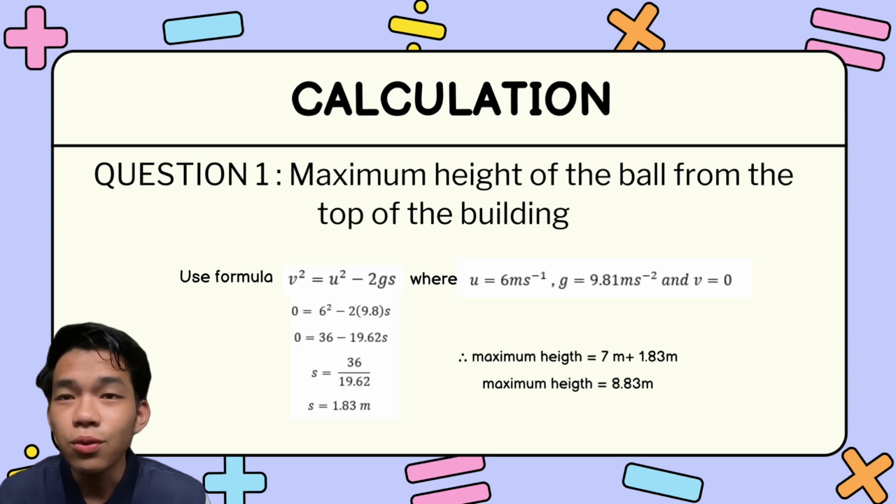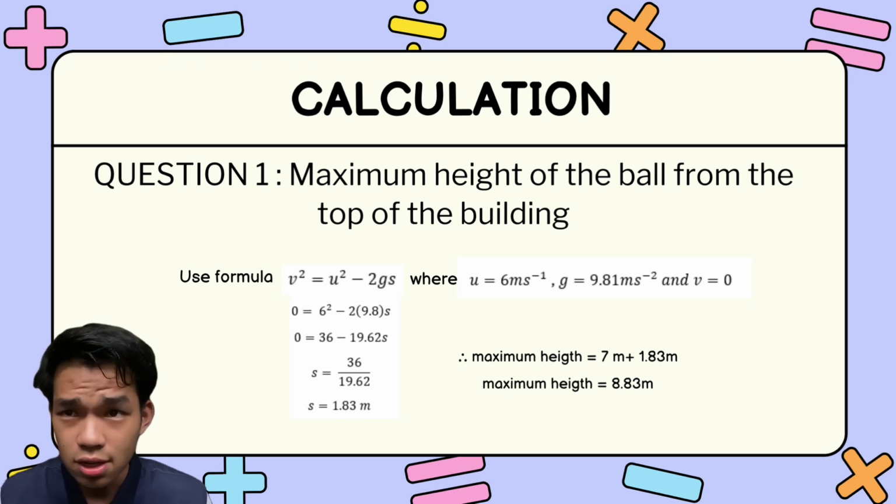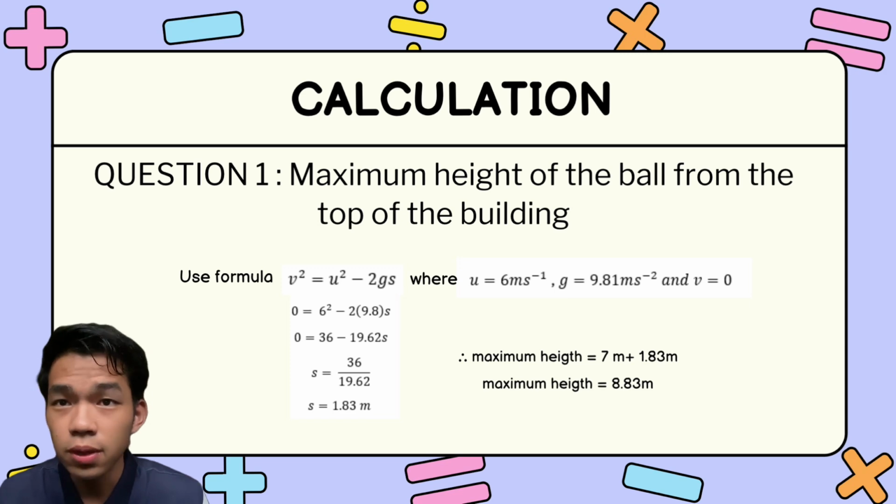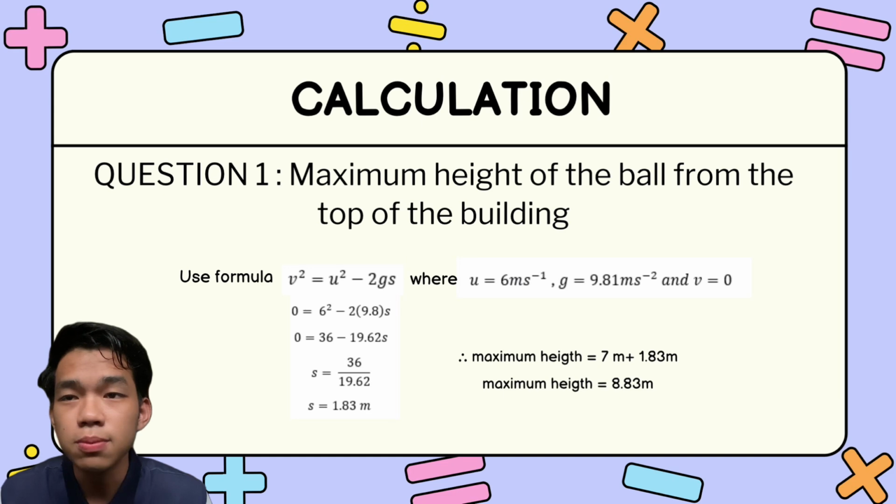After that, we substitute U = 6 meters per second, G = 9.81 meters per second squared, and V = 0 into the equation. Then we get S = 1.83 meters. To find the maximum height of the ball, we add the height of the building with the displacement, which is 7 meters plus 1.83 meters, and we get the maximum height of the ball is 8.83 meters.